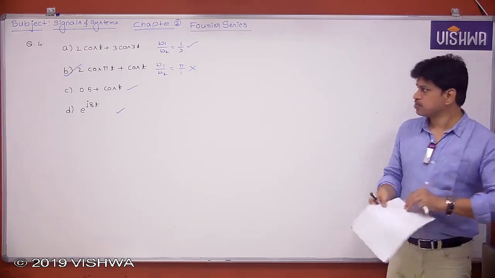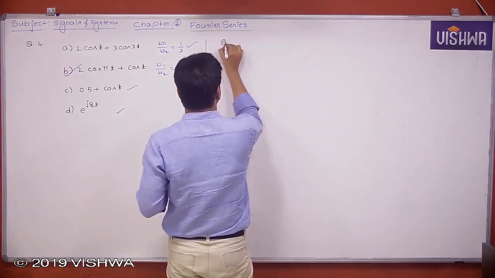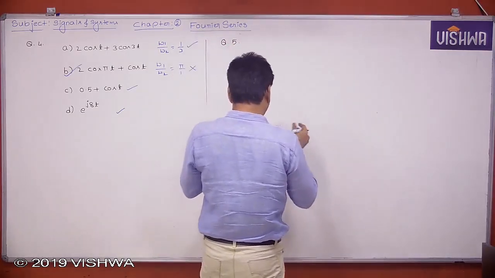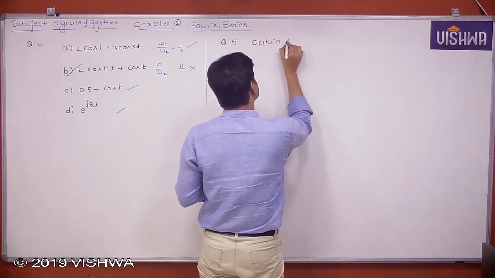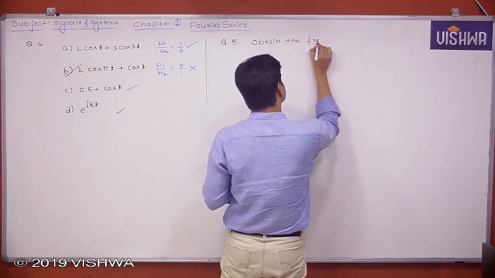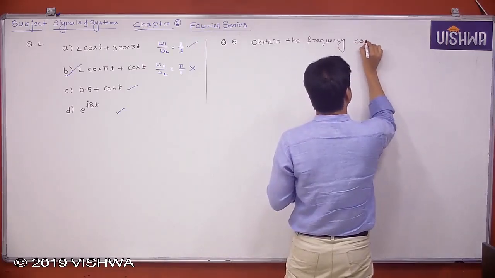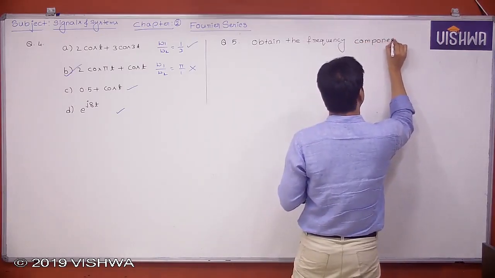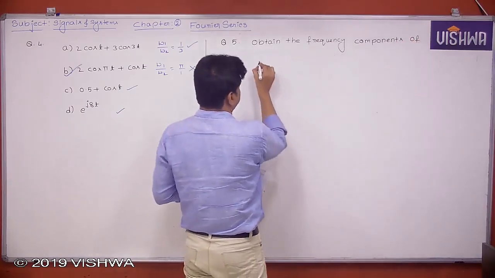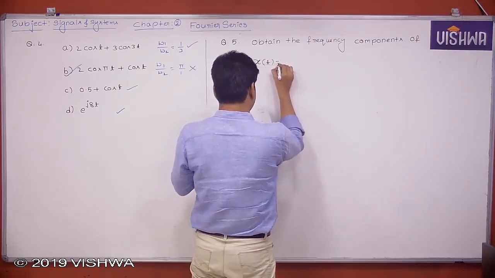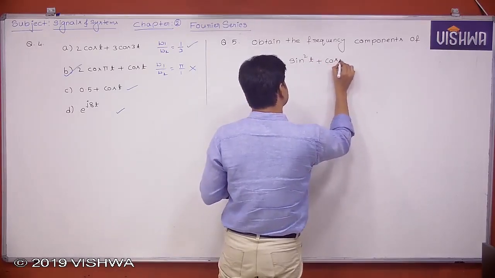Next question. Question number 5. Obtain the frequency components of x of t is equal to sine square t plus cos 2t.